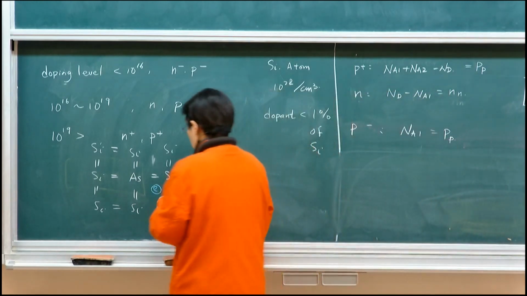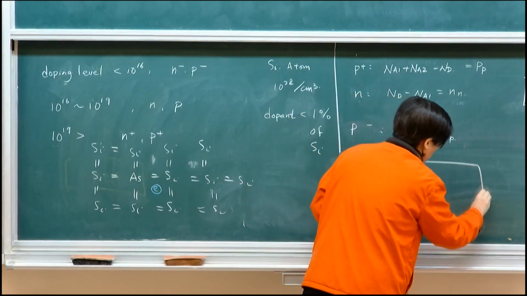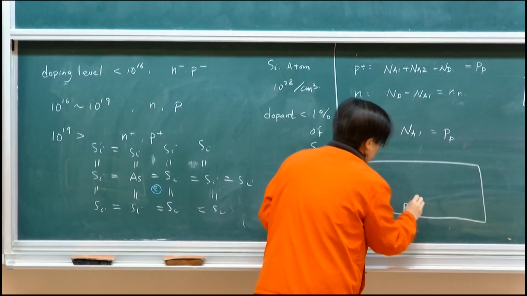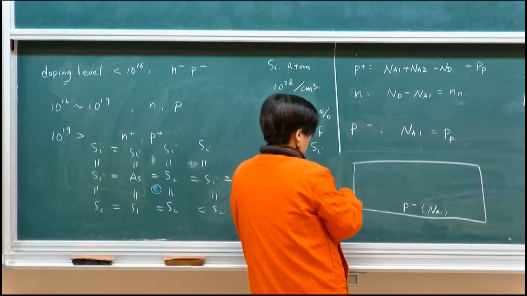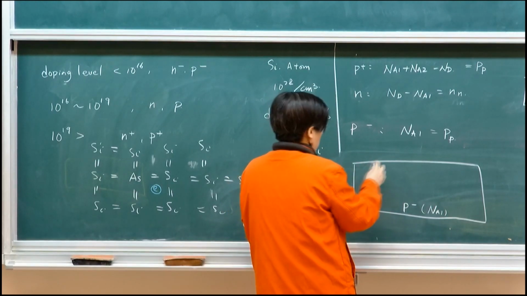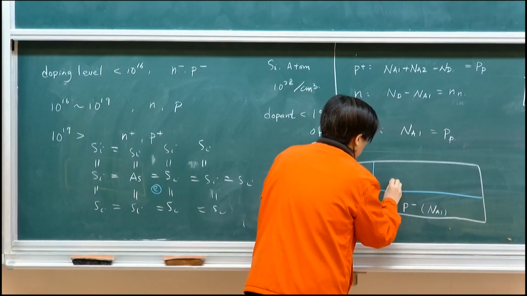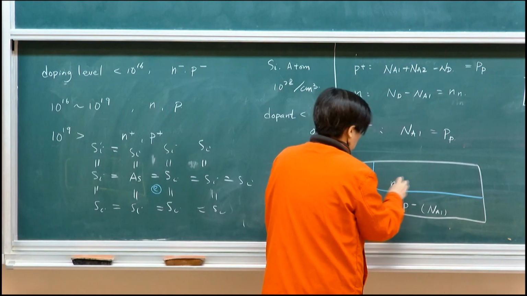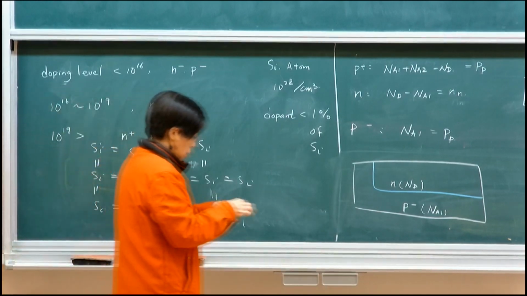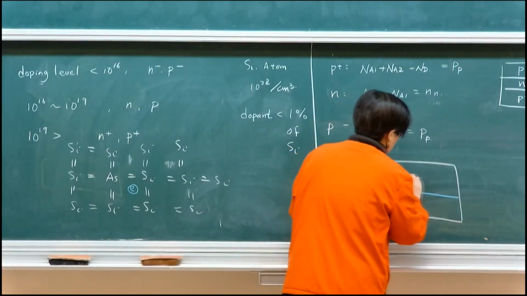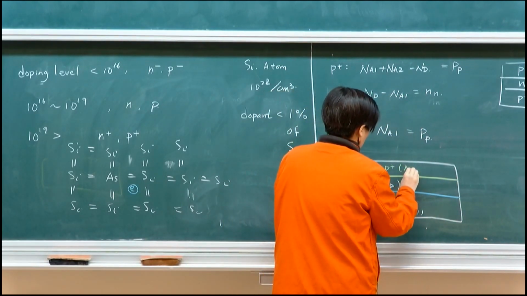So if I'm starting with a lightly doped substrate, a P minus region, with Na1, and then picking a particular region to make N-type, we'll call it the N region, with doping concentration ND, and then picking another region to define a P plus with Na2.